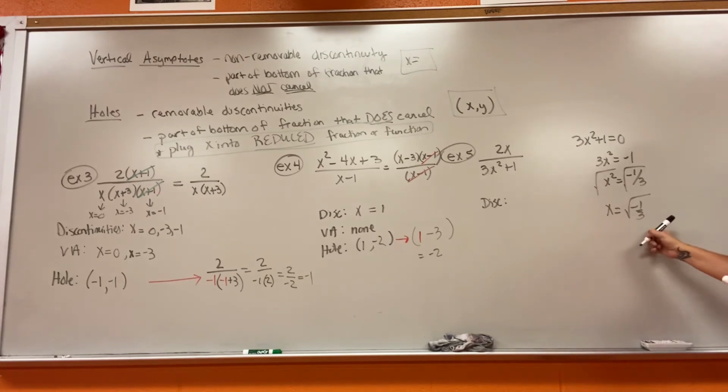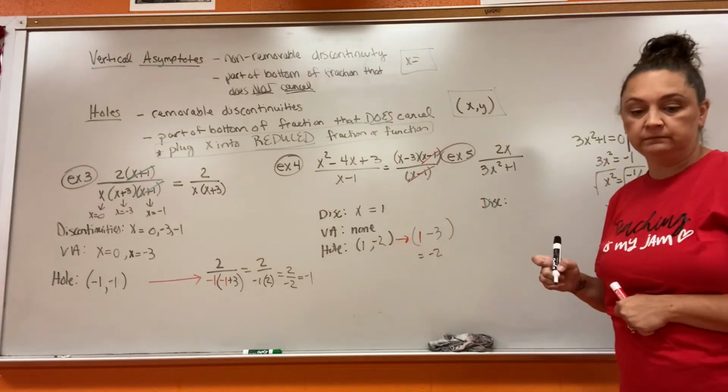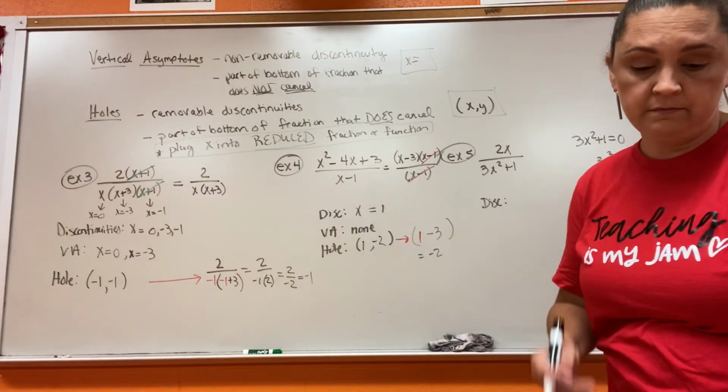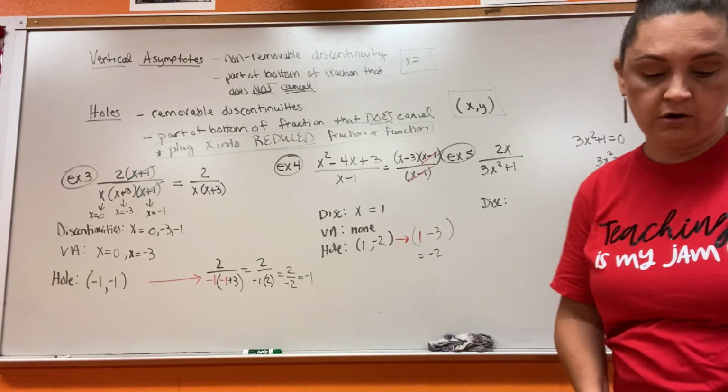The square root of a negative is imaginary, isn't it? And eventually you will get really good at this part. I don't care about this so much. I care, can you get right here and recognize that that is imaginary? If it's imaginary, we don't have a vertical asymptote or a hole.